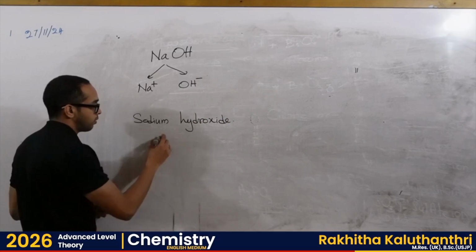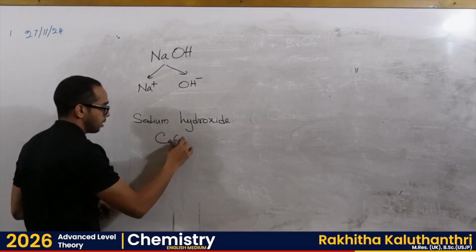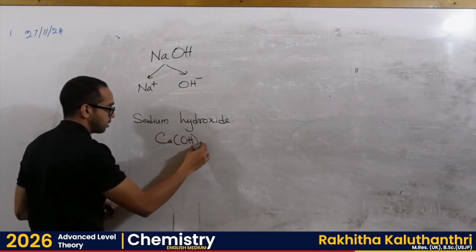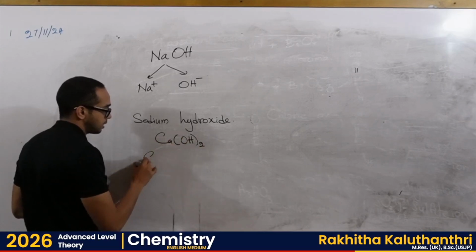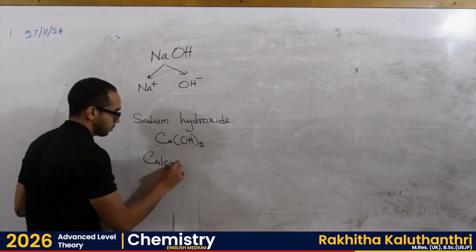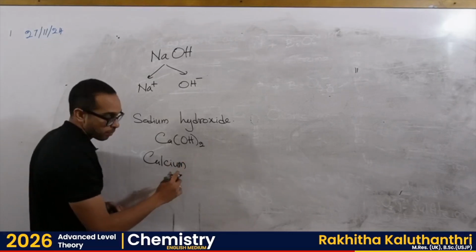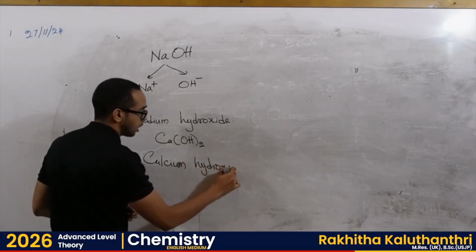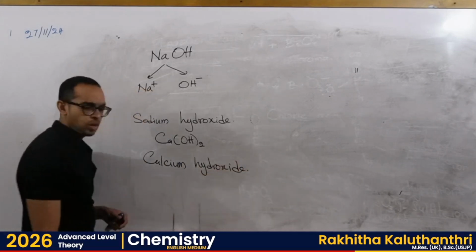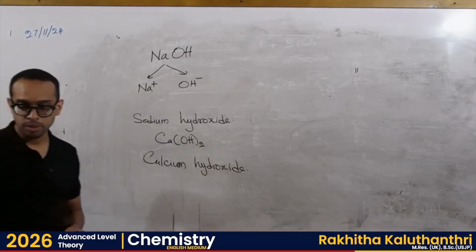Again, if you take calcium hydroxide, the name of the cation is calcium. Name of the anion is hydroxide. Do we mention how many hydroxide ions are present here? No. When it comes to ionic compounds also, we didn't mention that, right?